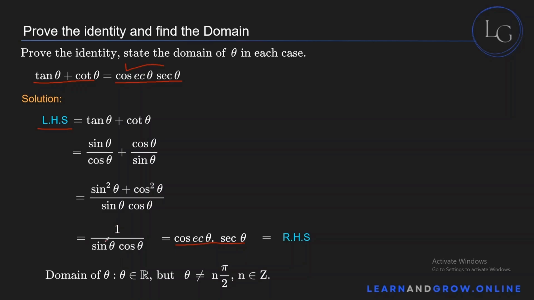And you know that 1 over 0 is undefined, so that cannot lie in the domain. So sin theta into cos theta can never be equal to 0, which is why theta cannot be a multiple of pi by 2. That also covers sin theta, because any multiple of pi by 2 eventually becomes a multiple of pi as well. So yeah, theta cannot be any multiple of pi by 2.